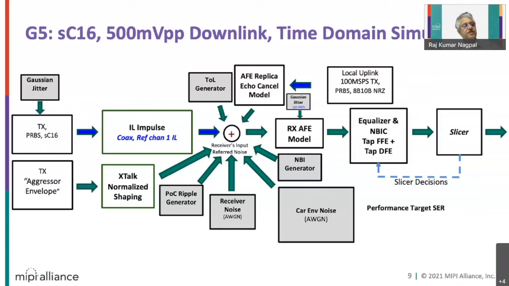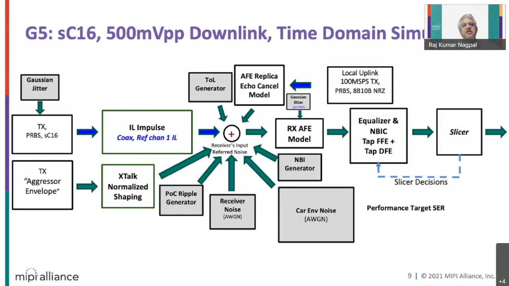By the way, whenever you are optimizing and tuning your FFE and DFE coefficients, you are in a training mode. Generally you do this in PAM2 configuration, wherein you have the maximum SNR. During that stage you are tuning your tap coefficients, and you are creating a notch for the NBIC, and this notch is going to kill your NBI.